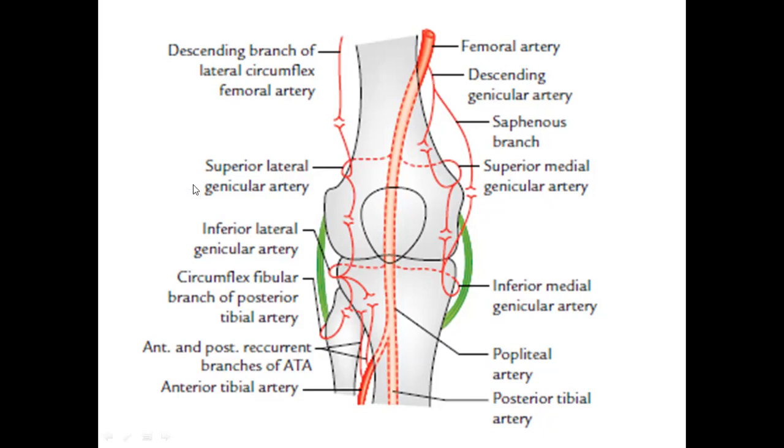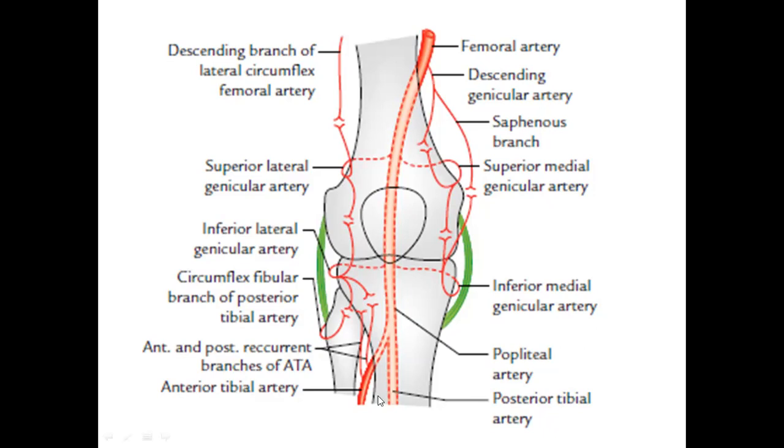Coming to the lateral side, the superior lateral genicular artery anastomoses with the descending branch of the lateral circumflex femoral artery, and the inferior lateral genicular branch anastomoses with the superior lateral genicular artery and the anterior and posterior recurrent divisions of the anterior tibial artery and the circumflex fibular branch of the posterior tibial artery.